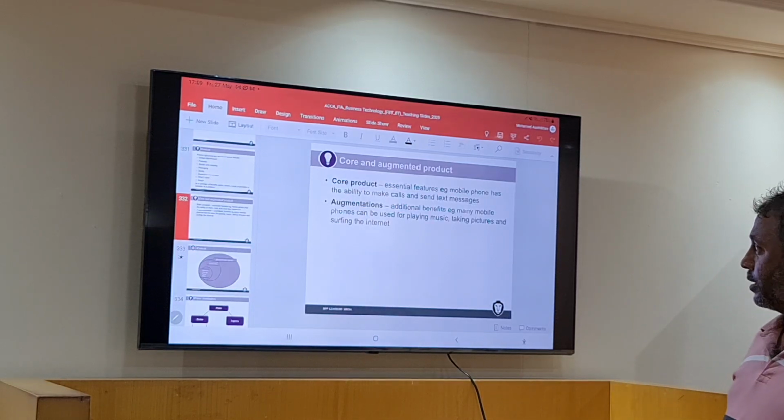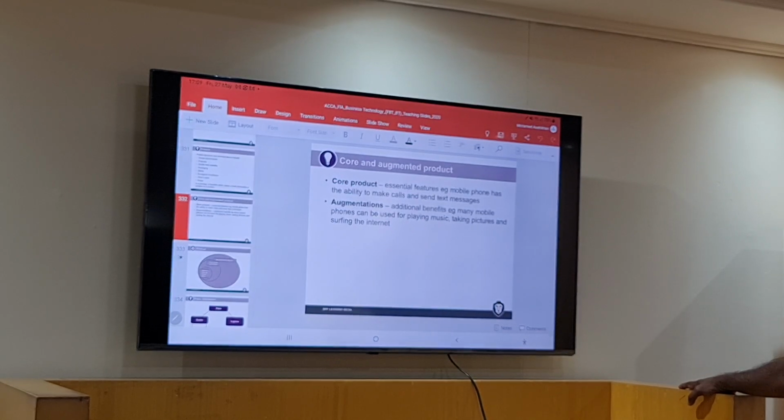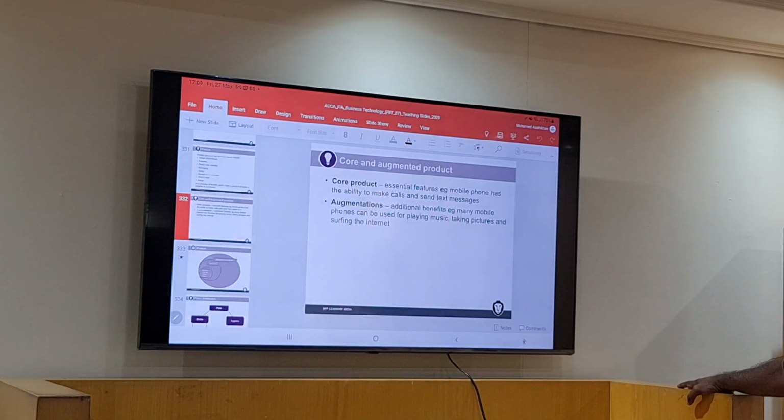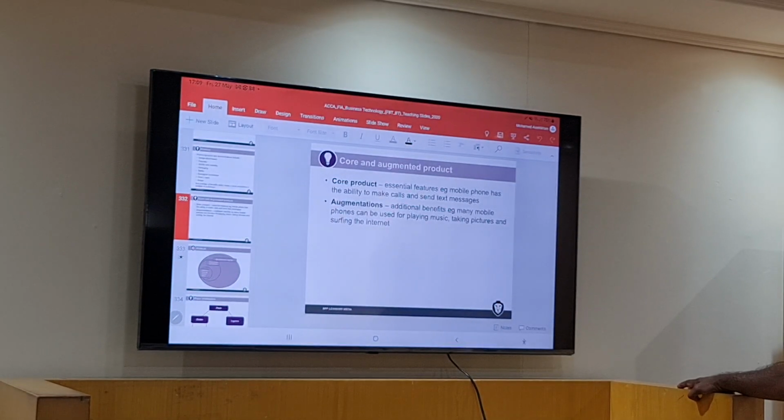Core and augmented product. Like if you go to a supermarket, you buy toothpaste, core product. You buy a packet. It has toothpaste, toothbrush, soap, washing powder, washing liquid, everything. That's augmented product. Additional benefits: many mobile phones can be used to play music, take pictures, and surf.